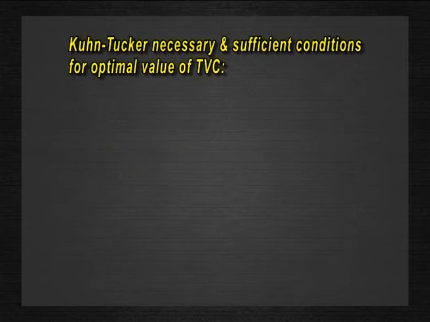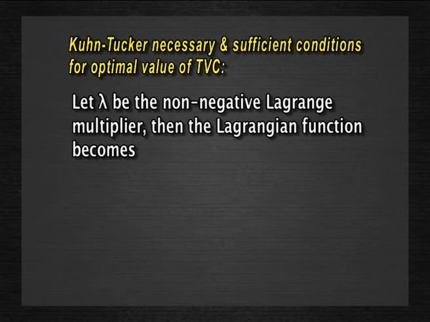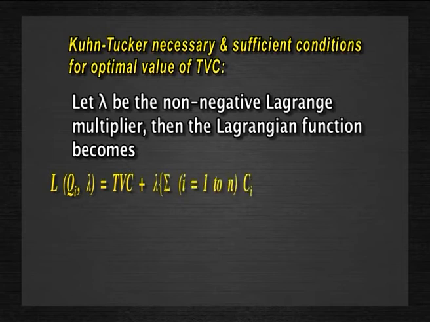Now coming to the Kuhn-Tucker necessary and sufficient conditions for the optimal value of TVC. Let lambda be the non-negative Lagrange multiplier, then the Lagrangian function becomes L of qi, lambda equal to TVC plus lambda into sigma of i equal to 1 to n, Ci into qi minus F, where lambda is greater than or equal to 0.